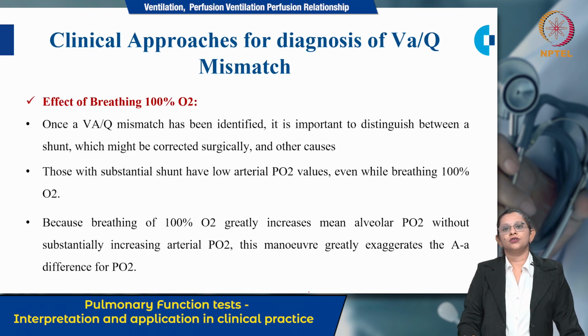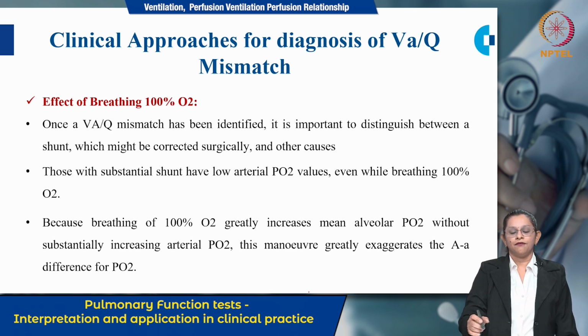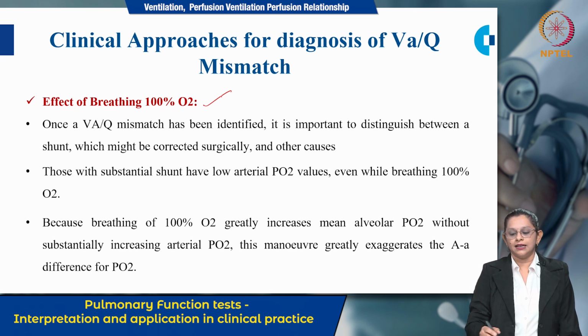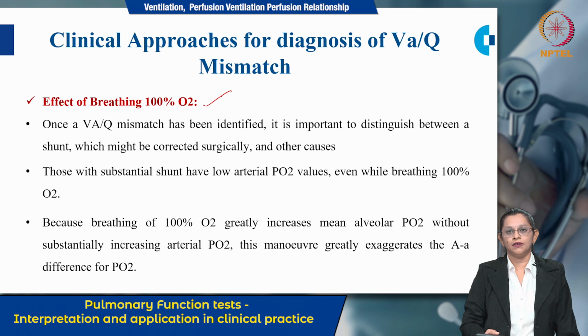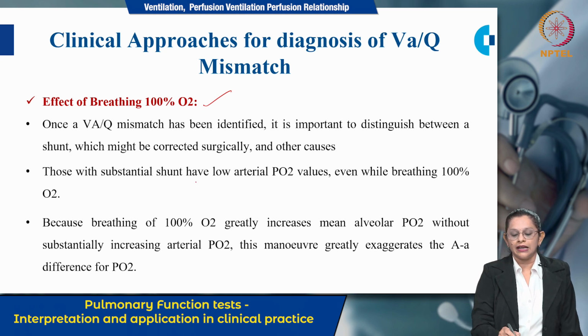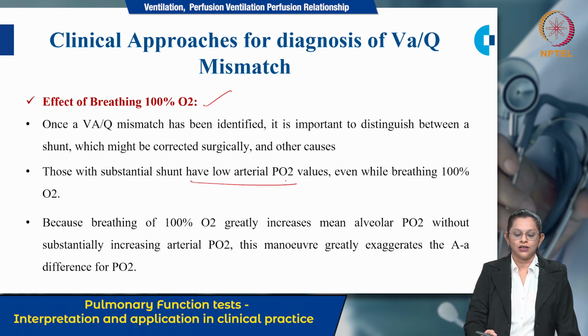Once we have diagnosed a VA/Q mismatch, it is important to distinguish whether it is a shunt, which can be surgically corrected, or whether it is due to other conditions. That can be done by the effect of breathing 100% oxygen. When a substantial shunt is present, whatever oxygen you give with 100% oxygen, they will still have low arterial PO2 values.